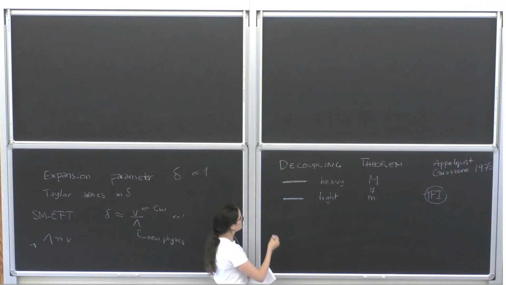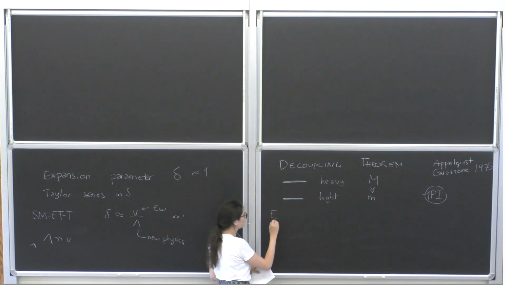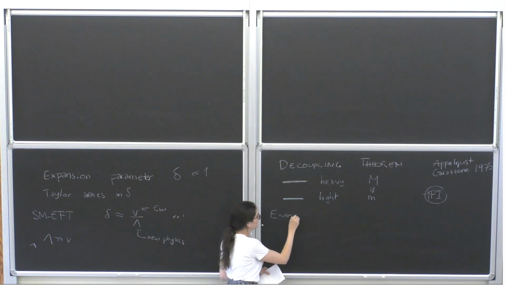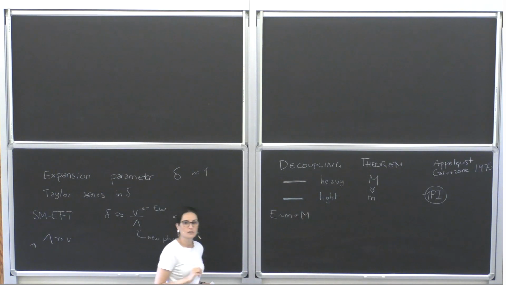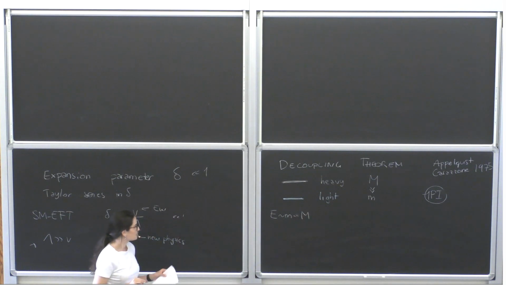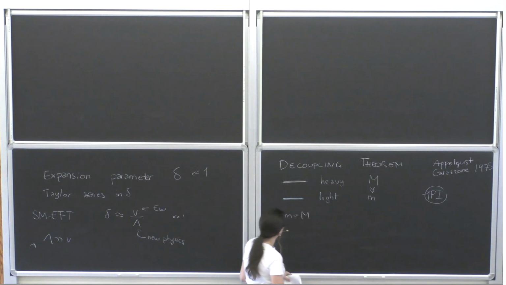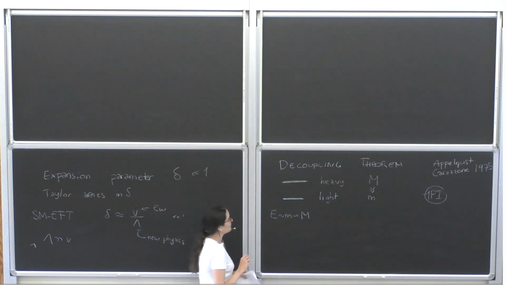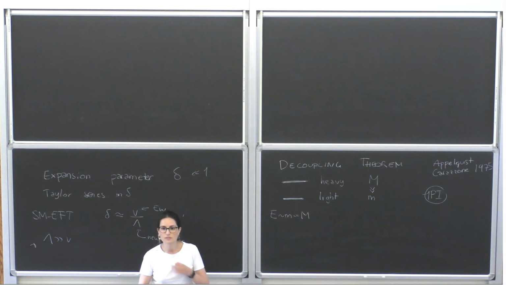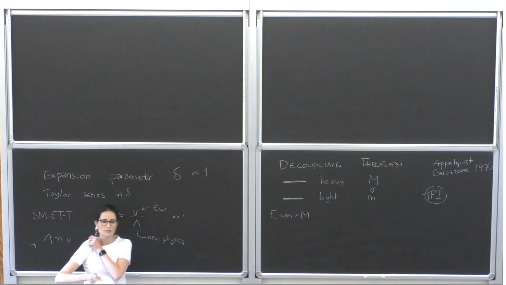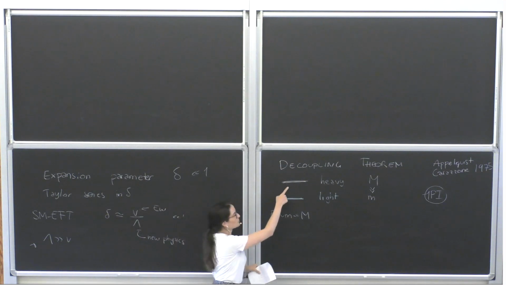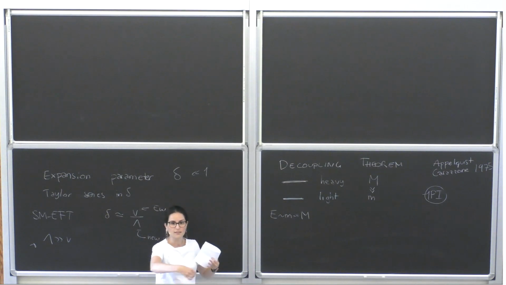So what happens is that if we decide to do experiments at a scale which is close to the light mass, but much smaller than the heavy mass, there are a few things. At this energy, we cannot produce the heavy particles on shell, so we just don't have enough energy to produce the heavy particle as an asymptotic state.